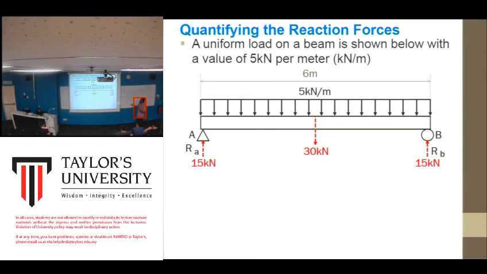Because it is balanced in the middle, the load on top will be the same as the load that supports it. You divide by 2, so 30 divided by 2, you get 15 kilonewton here and also 15 kilonewton here, because it is the same. Only one support in the middle.